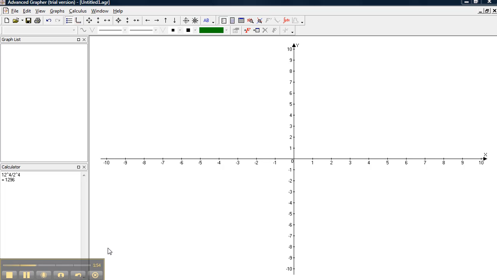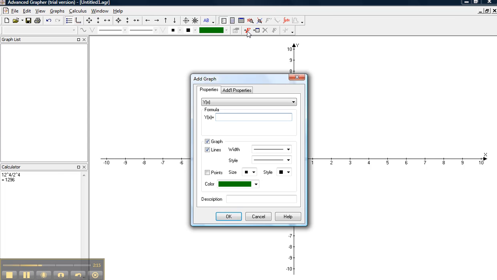Well, let's look at some behavior of log functions and exponential functions. It's good to just try to figure out the patterns by graphing some functions. So I'm going to go to my advanced grapher, and I want you to be able to do this. Open it up and add a function.